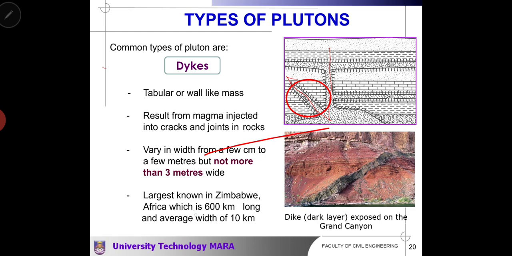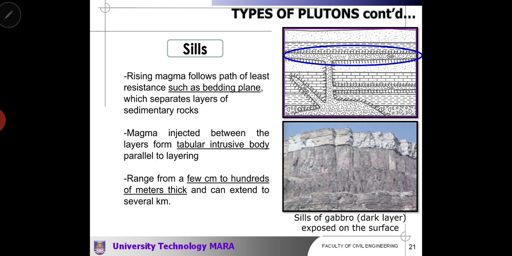The largest known dike is in Zimbabwe, Africa, which is 600 kilometers long with an average width of 10 kilometers. This picture is the cross section, and this is the real picture that you can see in the earth formation.